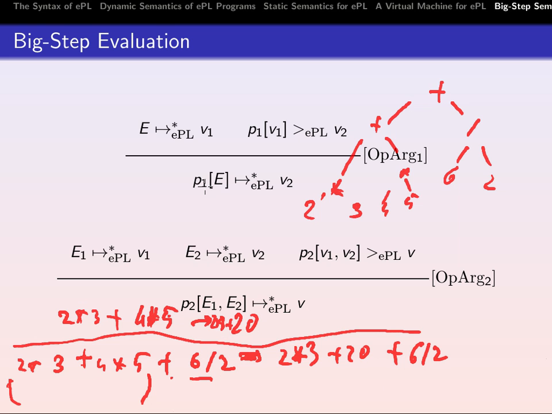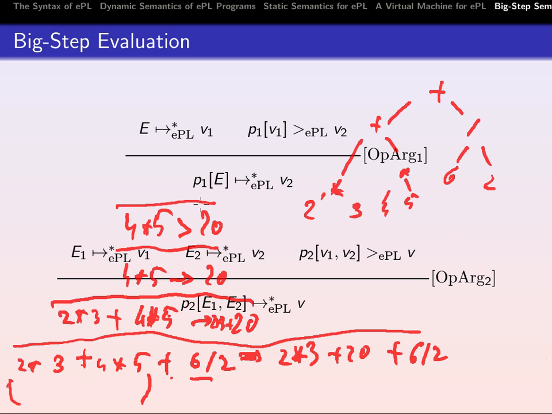But you see, this is not a primitive thing, so I have to draw another line here and write another thing on top of that line. Right? What do I write here? So here it's easy. Now I can write 4 times 5 arrow 20, right? And what do I write above here? Nothing, because it's a primitive rule, right? The arrow is a contraction and doesn't need to have anything above. Does it make sense?